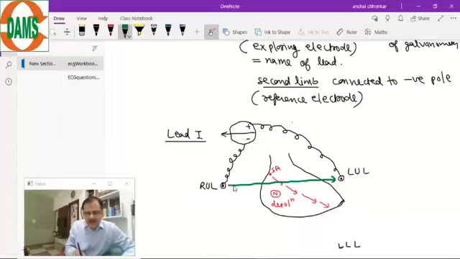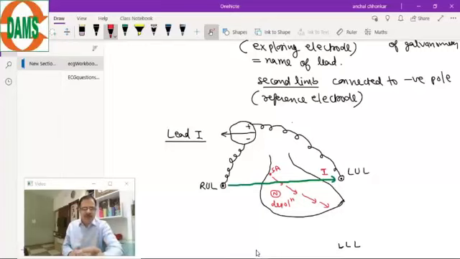The vector line of lead 1 represents that the tail is towards the reference electrode and the arrowhead is towards the exploring electrode. And the name of lead 1 will be put on the left upper limb. So wherever the exploring electrode is, we call that the name of the lead. So this is the location of the imaginary line, the vector line of lead 1. Tail is towards the reference electrode, and arrowhead is towards the exploring electrode.